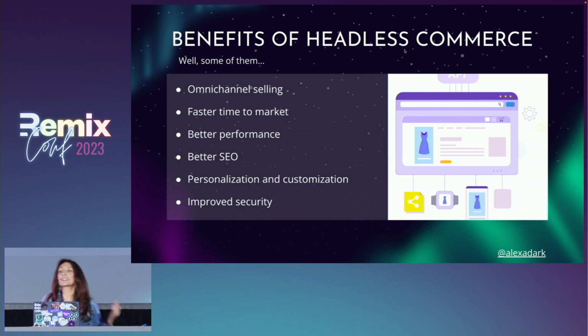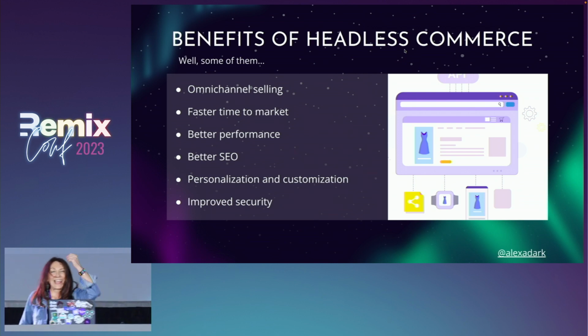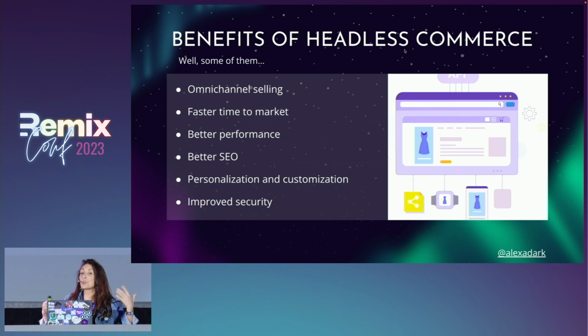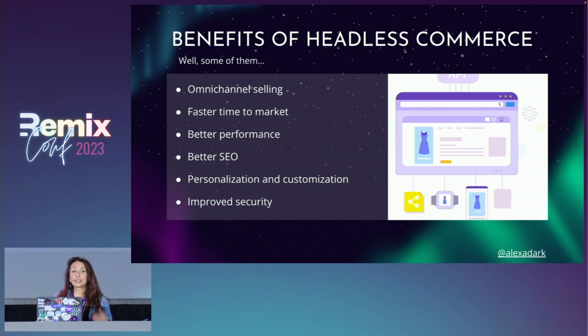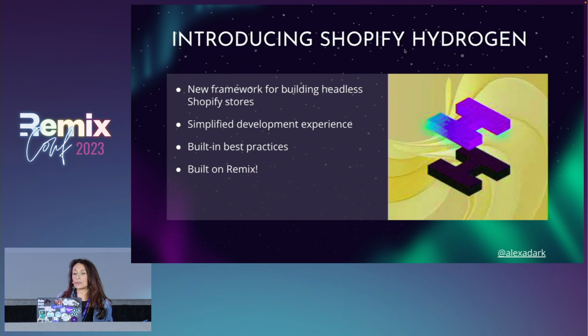So imagine an e-commerce platform, oops, I'm falling from the platform, an e-commerce platform that comes with all the benefits of headless commerce while minimizing the development complexity. This is where Shopify Hydrogen comes in. Shopify Hydrogen is a new framework designed to simplify the development experience for building headless Shopify stores.